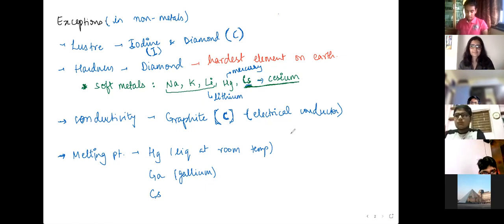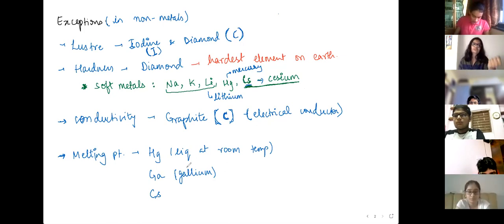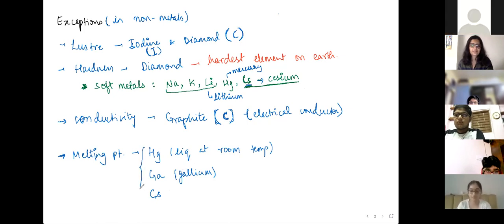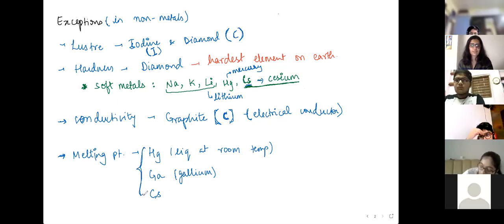So cesium is the one used in atomic clocks to measure precisely what 1 second is. Just like gallium, cesium has a low melting point. You hold it in your hand and it starts melting. If you leave it alone, it's solid. So these are 3 of the metals that have low melting points.